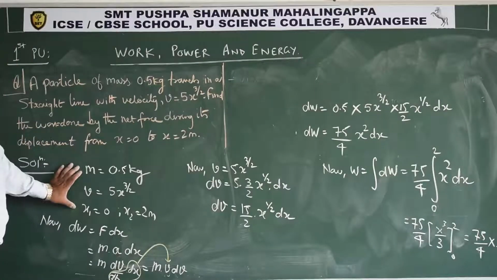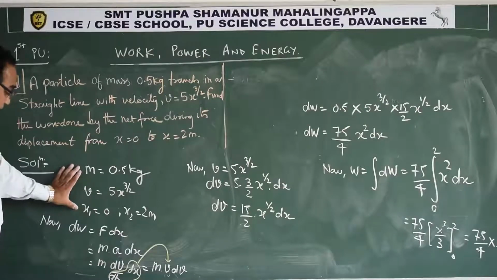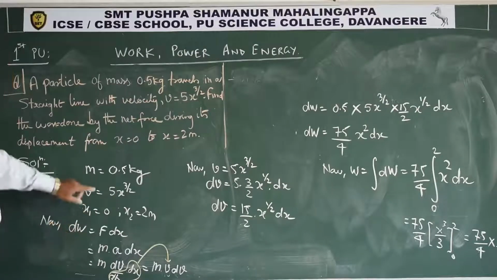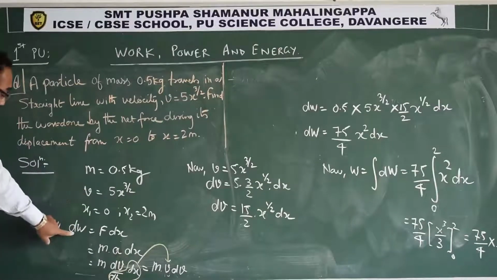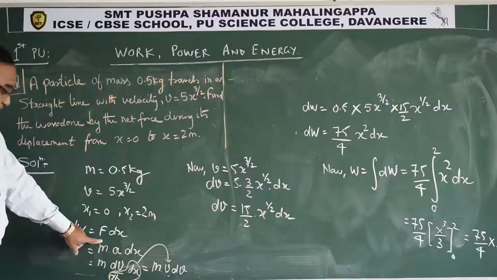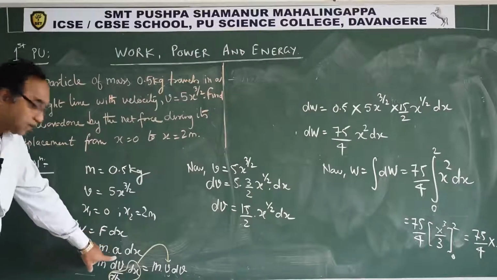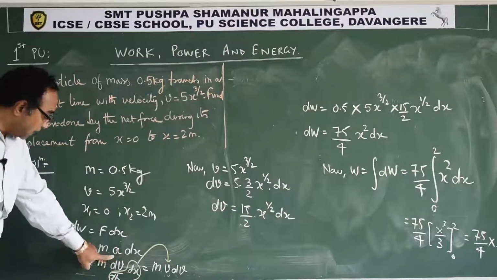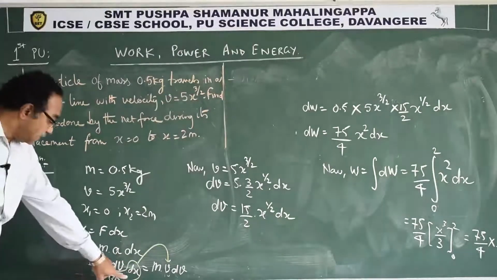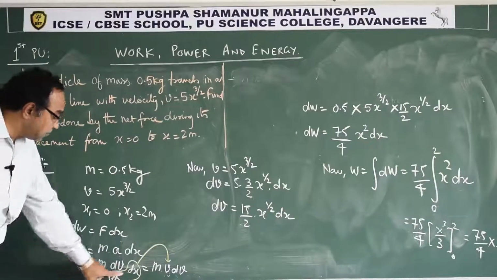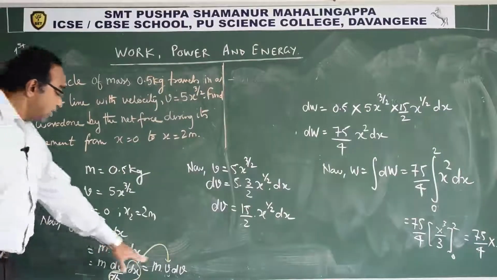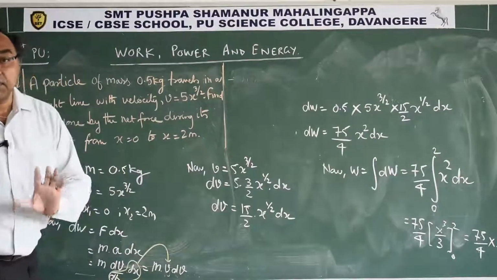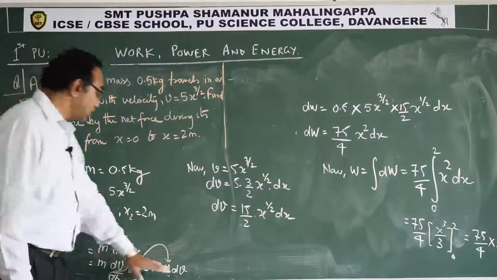First, see every question, every numerical in physics, I am trying by the same method. Record the data. We have dW because it is a case of variable force, so dW is F dx. F is m into a dx. a is dv by dt into dx. Now rearrange the terms, you got m v dv. This is from the rearrangement of the fundamental terms in the equation.